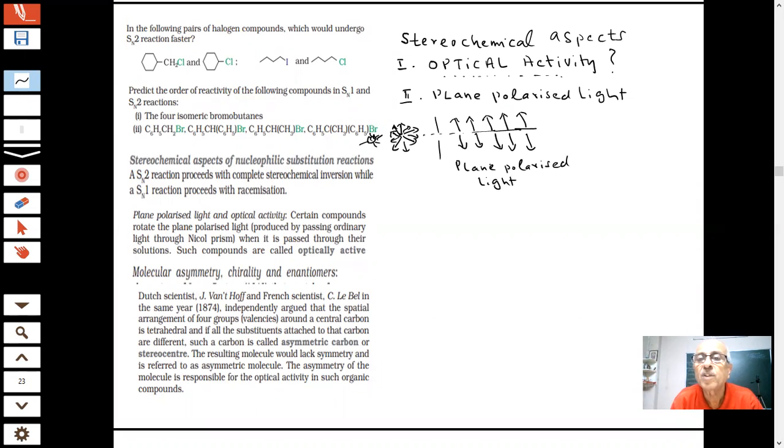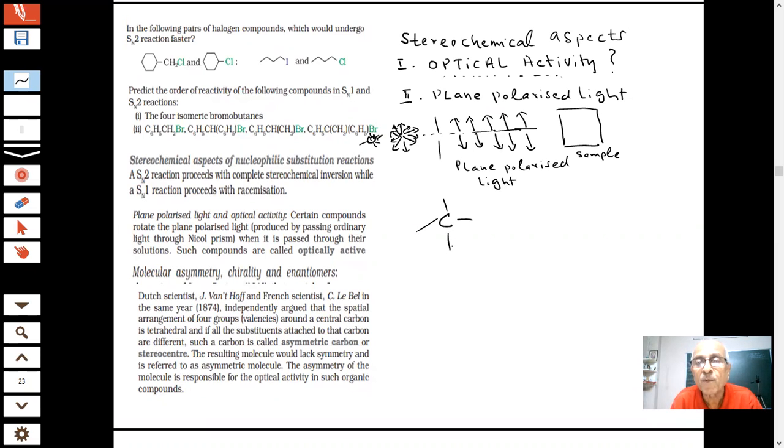Ordinary light passed through a Nicol prism gives rise to plane polarized light. And if this light is passed through a sample, a compound of carbon, how many groups are attached to carbon? Four, it is tetrahedral.